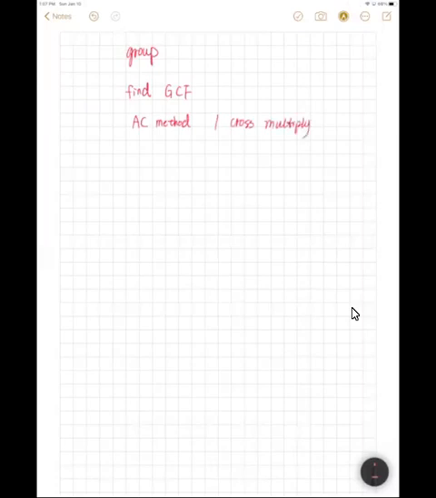Also, we have some special products such as the difference of squares, the sum or difference of cubes. Let's do the sum of cubes.